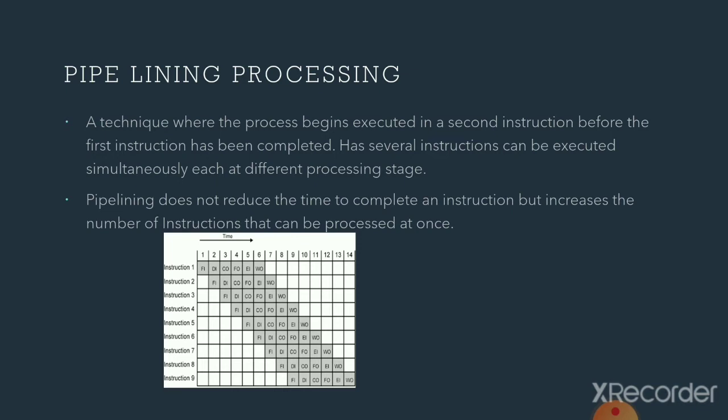Okay, so this is called pipelining, but it will not save the time of each instruction. Instruction 1 will take whatever time it requires, instruction 2 will take whatever time it requires, but the processing starts early. So overall time will be saved, but the execution time of a particular instruction will not be saved. Okay, so this is called pipelining.